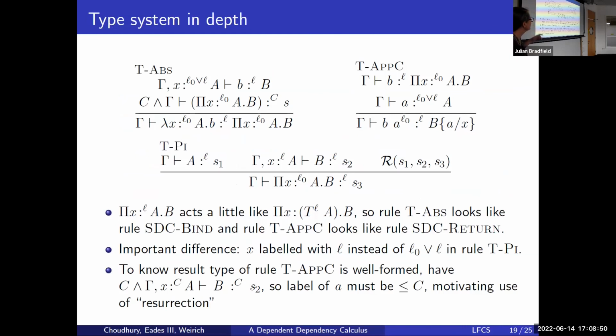If you look at the pi rule, I mentioned that this label on the variable is only about the lambda, and not about how it appears in the body, right? See how when we type check the body of the pi type, we use L, not L naught.